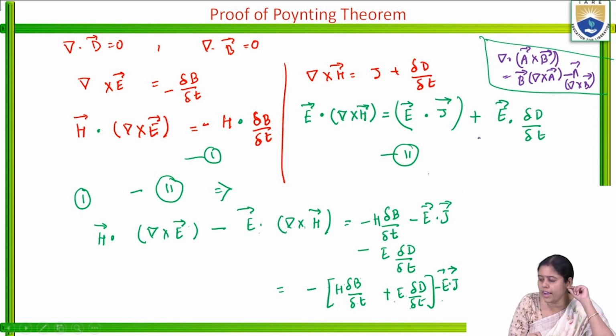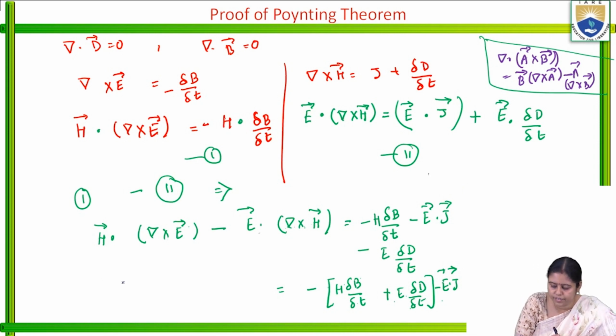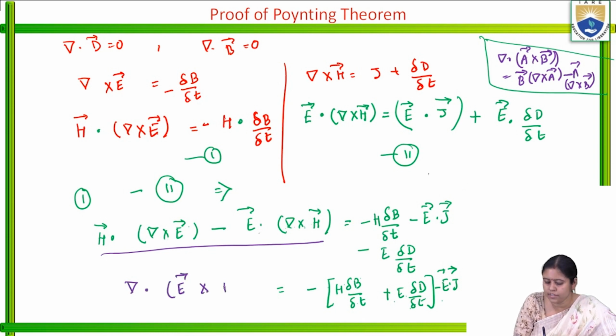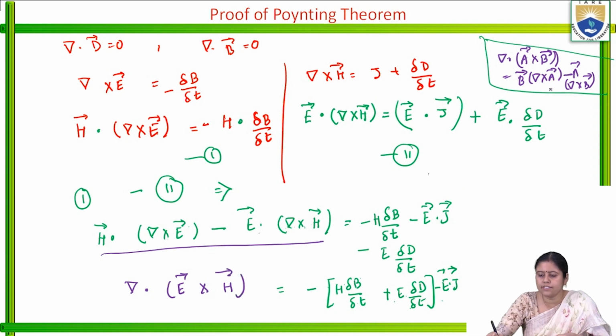So we can write this equation as grad dot E cross H, where E is similar to A and H is similar to B. So we get grad dot E cross H is equal to minus H del B by del T plus E del D by del T minus E dot J. So this is our new equation.